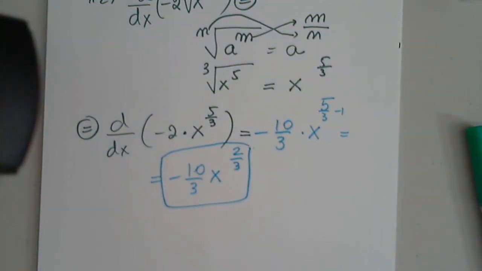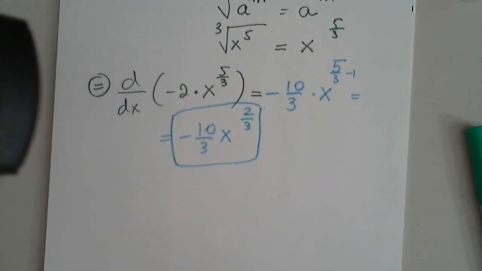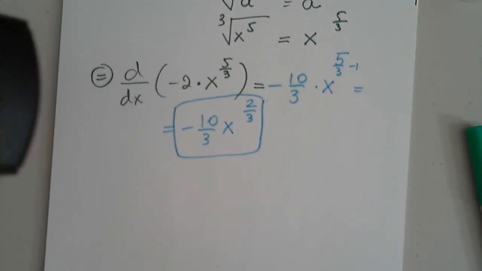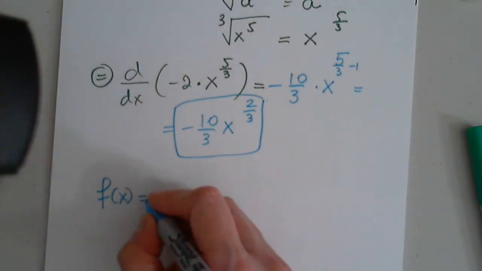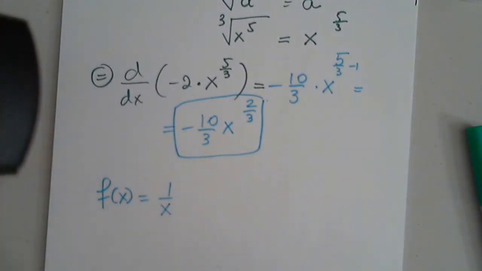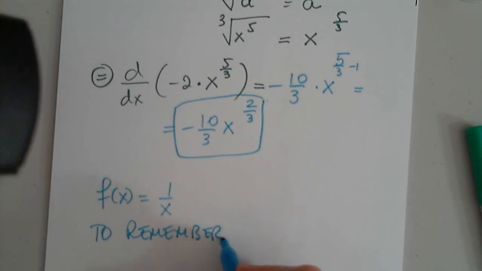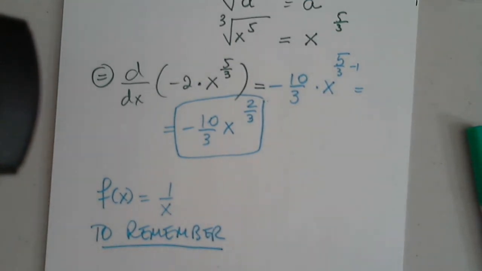Very good. Okay, I think it's my turn to choose one. But I want to choose one that is not there because it's a very important one. So let's say I have f of x equals 1/x. Very important to remember the derivative of this function.